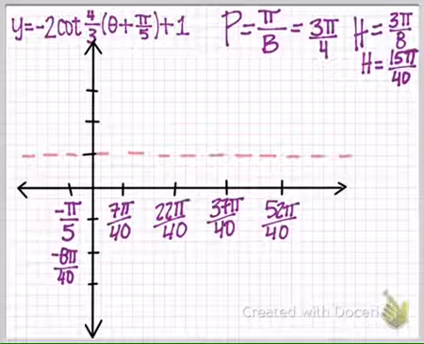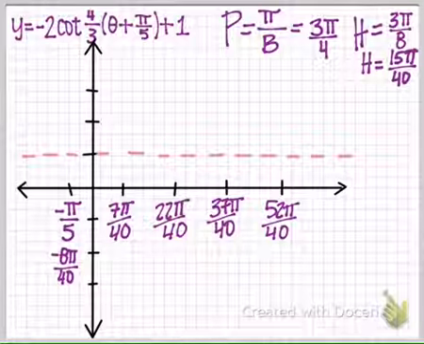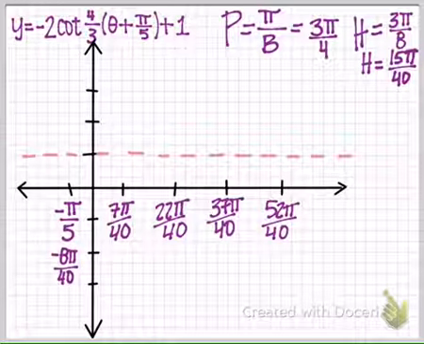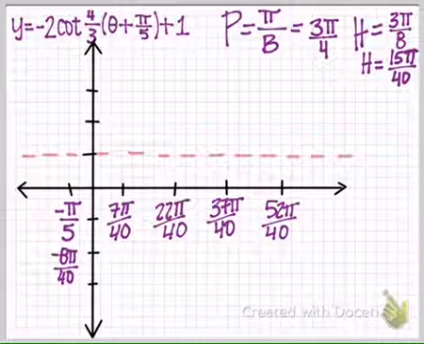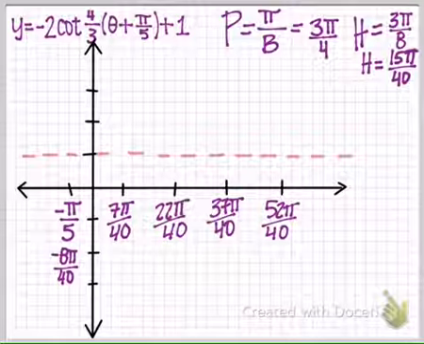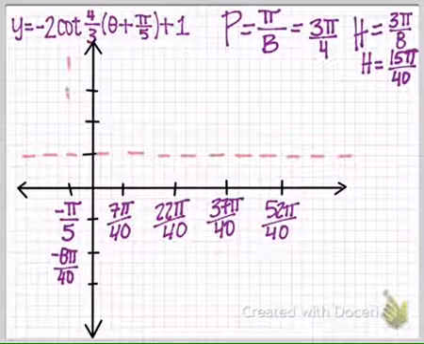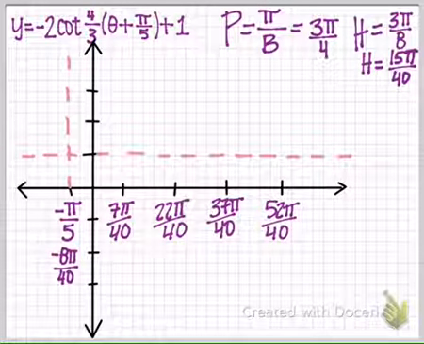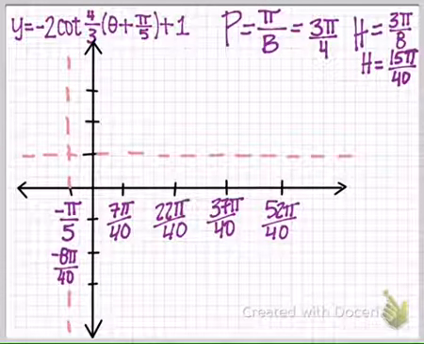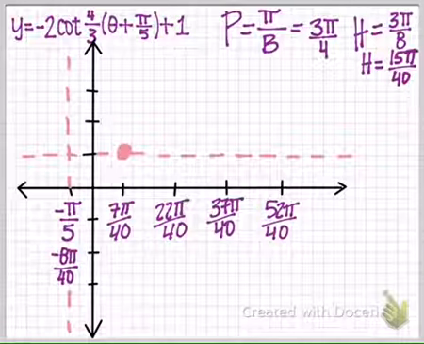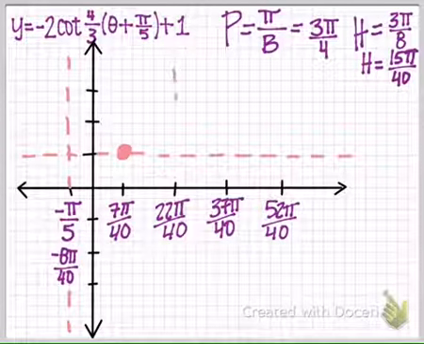Okay. Now, where do I draw zeros and where do I draw asymptotes for cotangent? Where do we start? Right, this one starts with an asymptote. After that, we hit a 0. Then we hit an asymptote again.